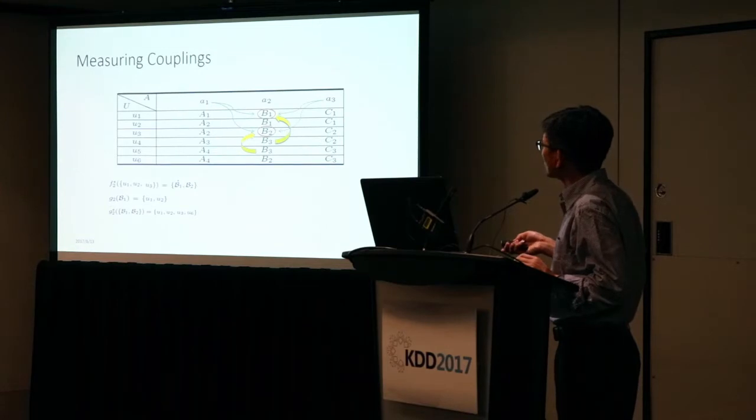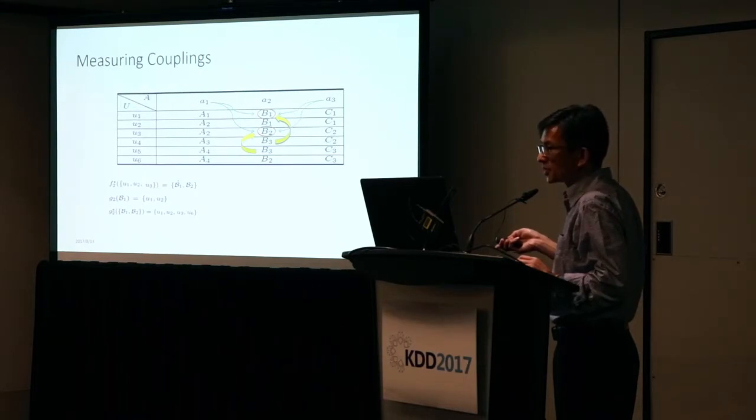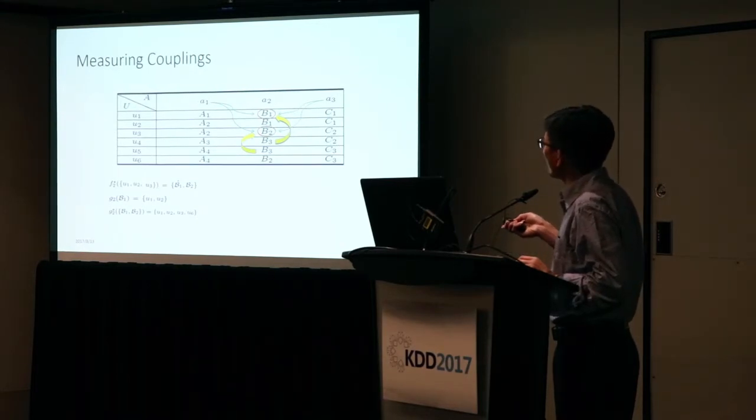So the f function is that, given an object like u1, u2, whatever, we want to find the value on one particular attribute, like attribute 2. So f2 of u1 will be b1, right?